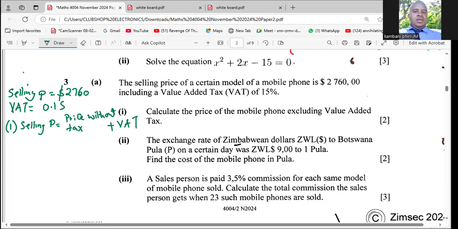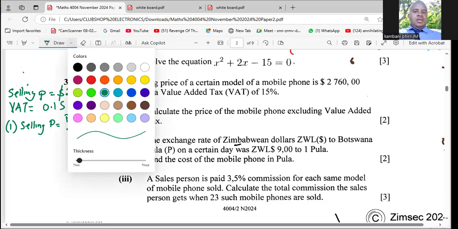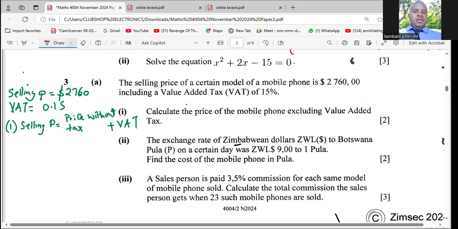The price you want to sell it at includes the tax. Now, suppose this price is x. Then VAT is 15% of x, so it means 0.15x.